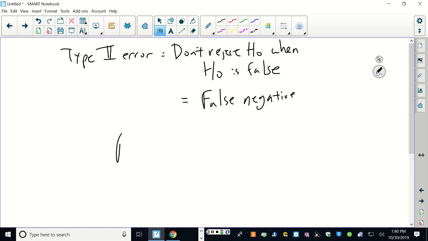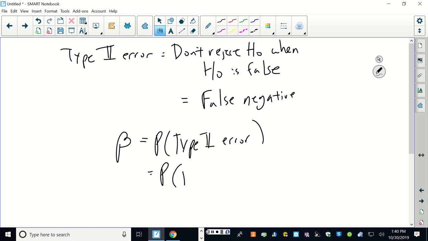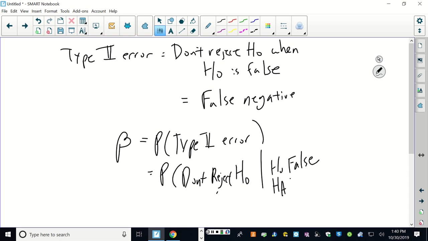We could give that a probability, called beta. The other one's alpha. This is the probability of type 2 error. It's the probability that you don't reject H0 when H0 is false, which could be phrased as some alternative, HA, is true.